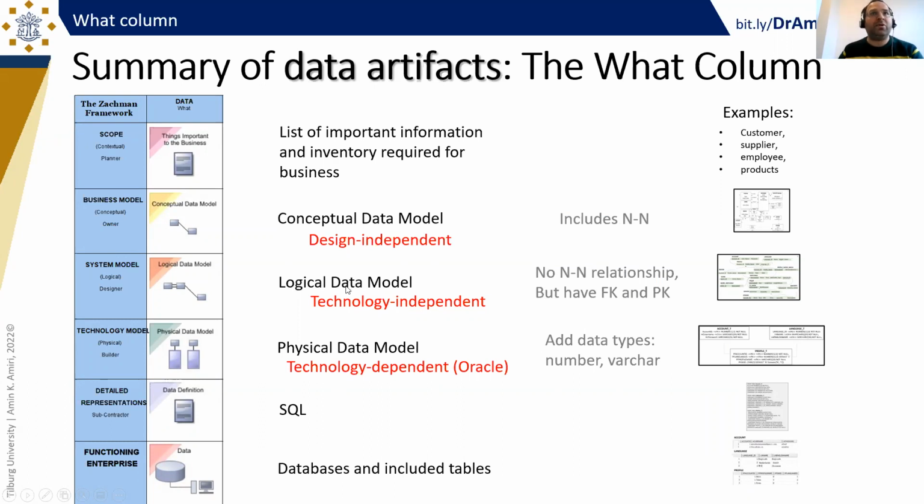As an example of a logical data model, I showed you this relational model, which doesn't have any many-to-many relationship, but you have to specify foreign keys and primary keys. And this is technology independent. From the engineer's point of view, you also need to add data types, for example, number and varchar. So this model is technology dependent. Then you turn that into SQL and then tables.